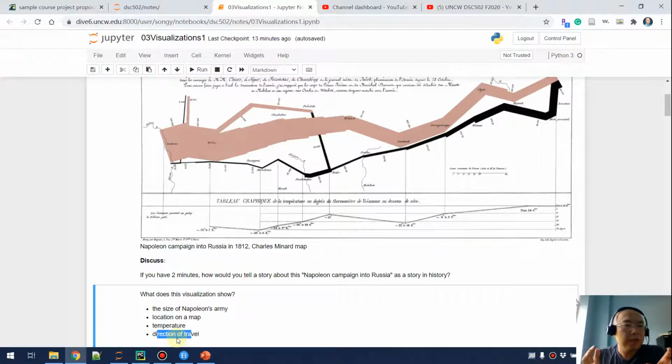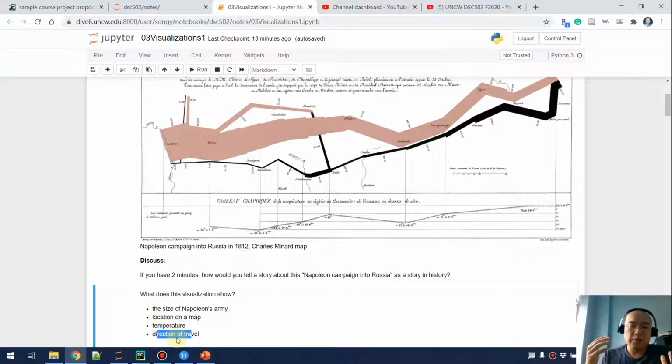In most visualizations we only show one, two, or three dimensions of the data, and that is the visualization you see most of the time. For example, if you want to see the Trump versus Biden poll, we only have two lines, so this visualization is very easy to interpret.